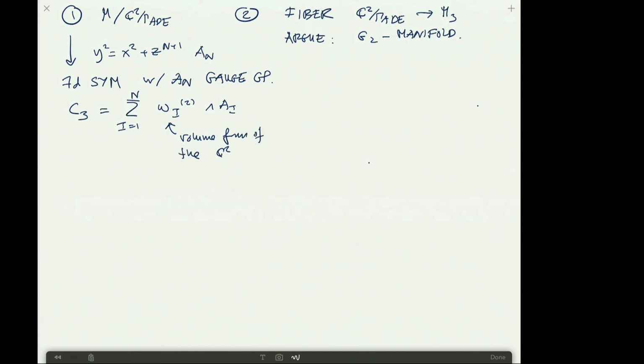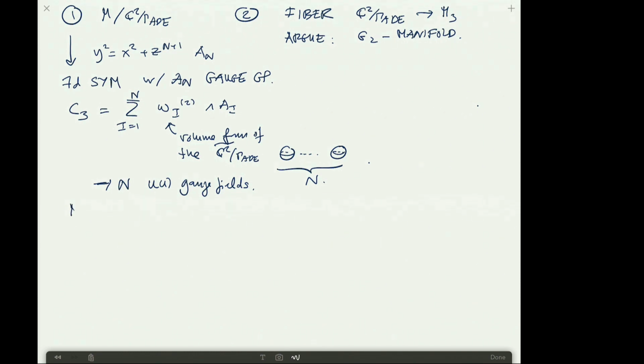This is the case of C2 mod gamma ADE resolved, where we've blown up the singularity and see these P1s, with self-intersection -2, n of these. And this gives us n U1 gauge fields. So we didn't really improve the situation yet.